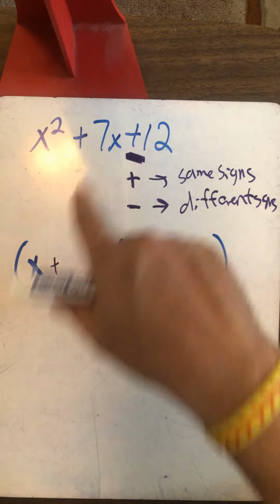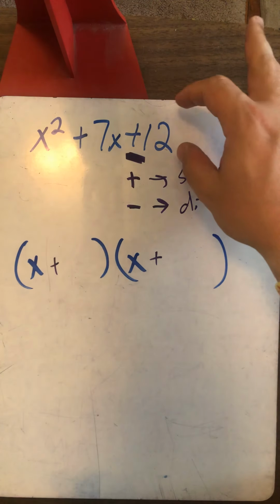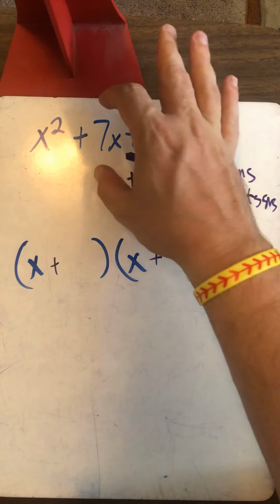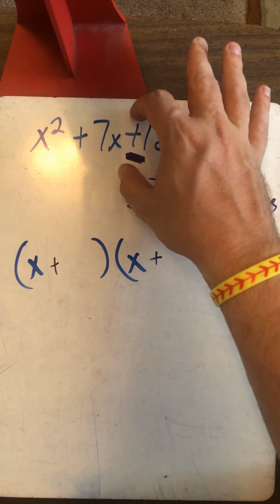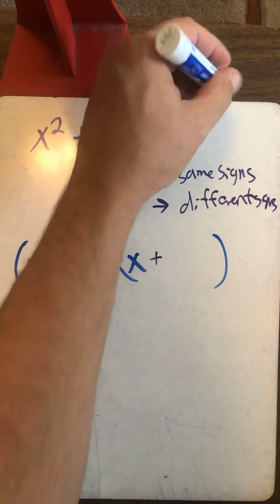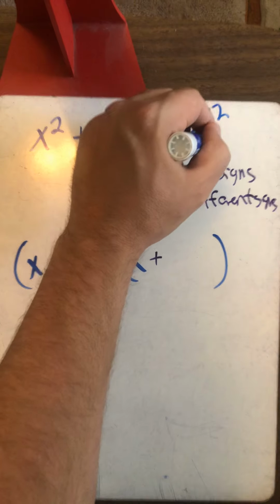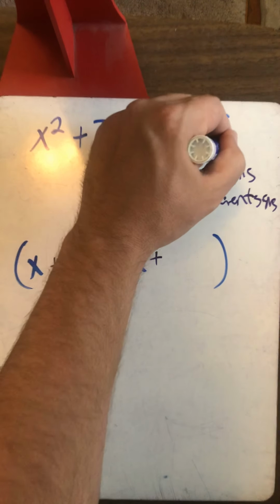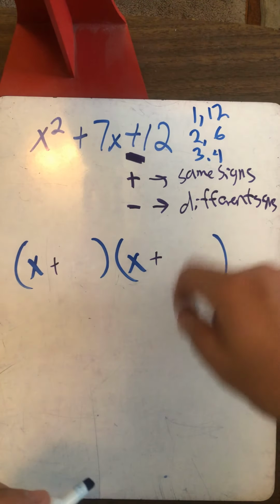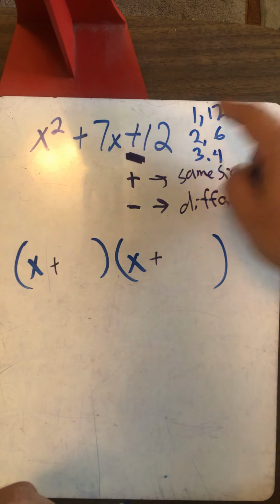I really like it when this is a plus here because it makes this next part a lot easier. I'm going to look for factors of 12 that add up to be 7. So factors of 12, let's see, we have 1 and 12. We have 2 and 6, 3 and 4, and I think that's all of them. Now, are there any combination of these that add up to be 7?